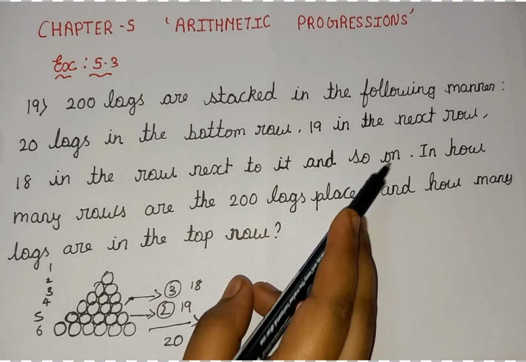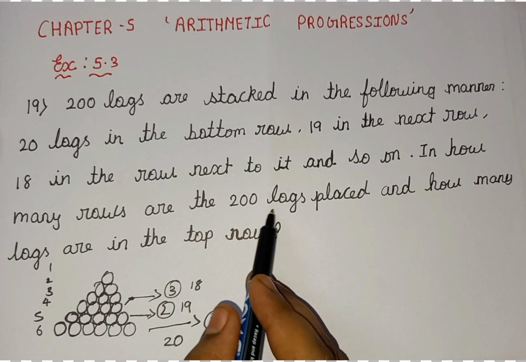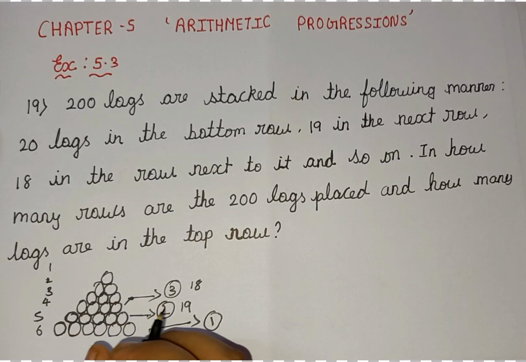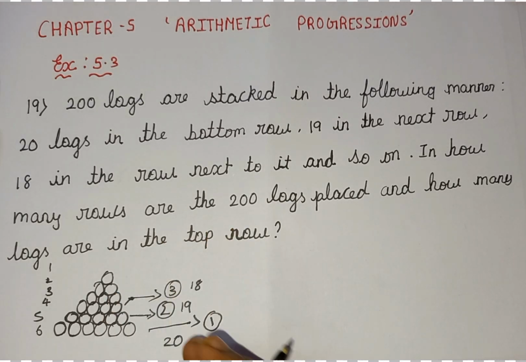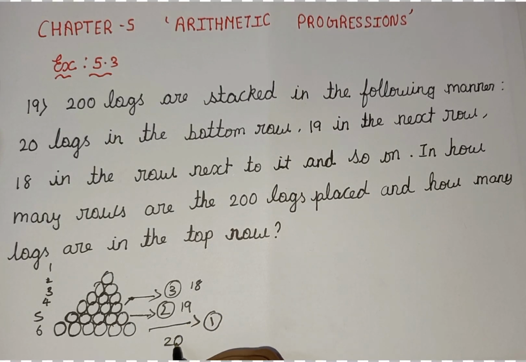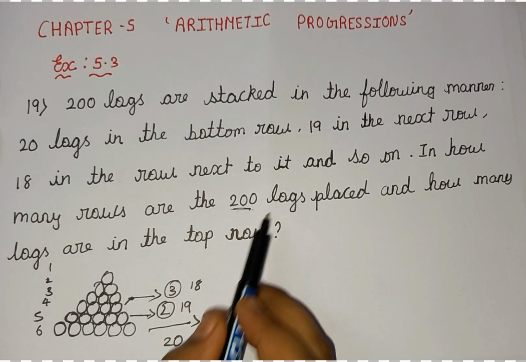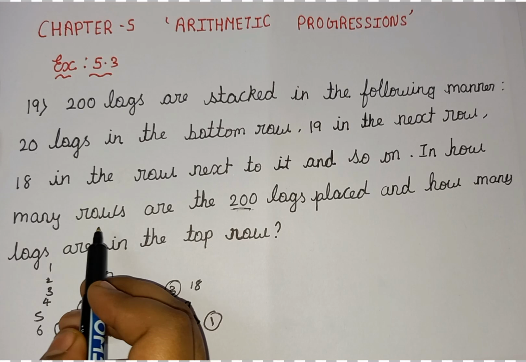And so on. In how many rows are the 200 logs placed? Since you know that in the bottom row they placed 20 logs, as we go on, in some row the total will reach 200 logs, but we don't know in which row.